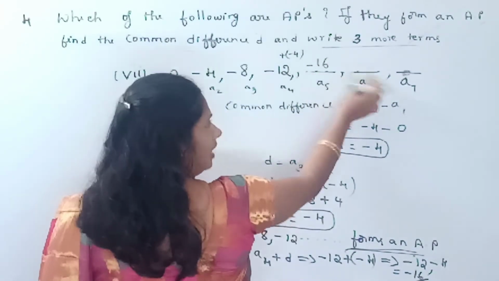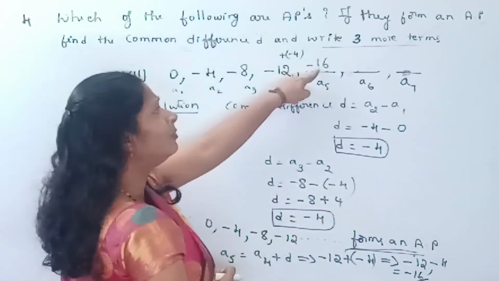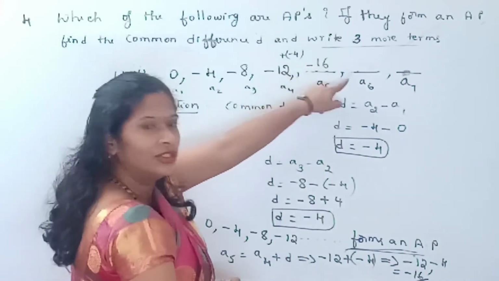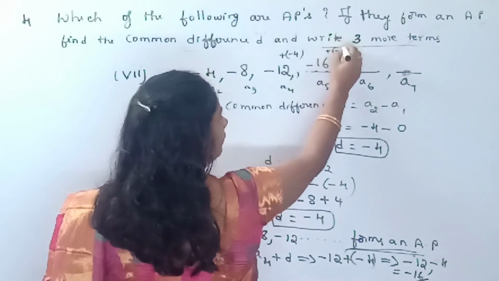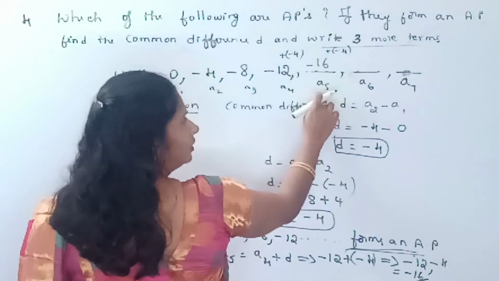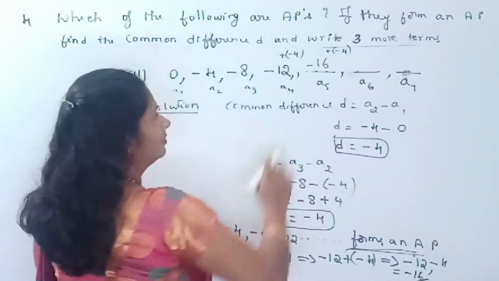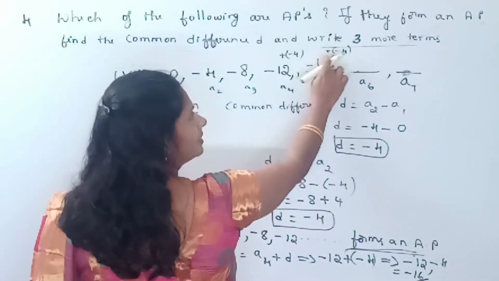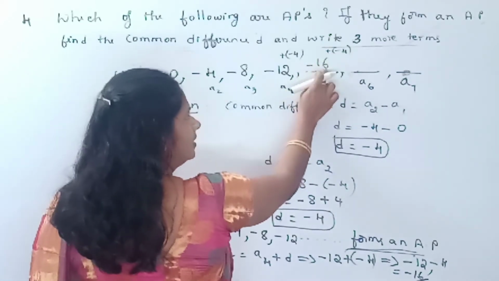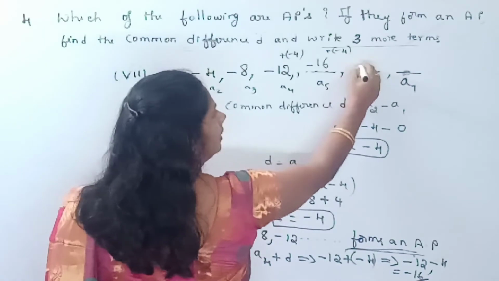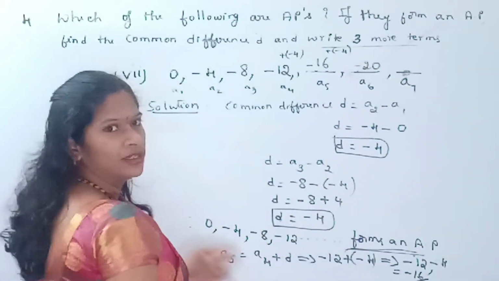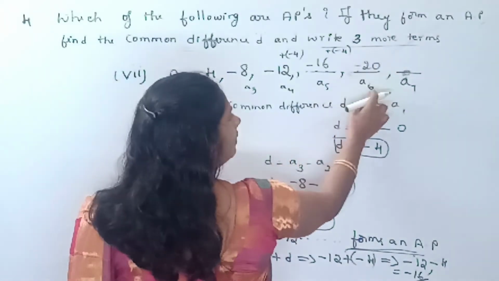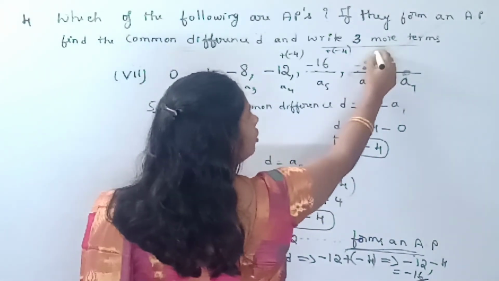Now how will you get 6th term? Add the common difference to 5th term, you will get 6th term, isn't it? So -16 plus -4, it is -20. If you want, you can work out, children. Is it clear? Next, how will you get 7th term? Add the common difference.